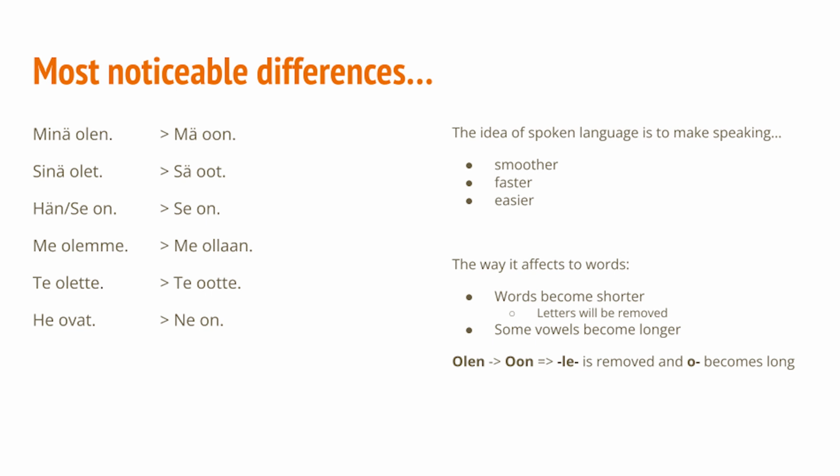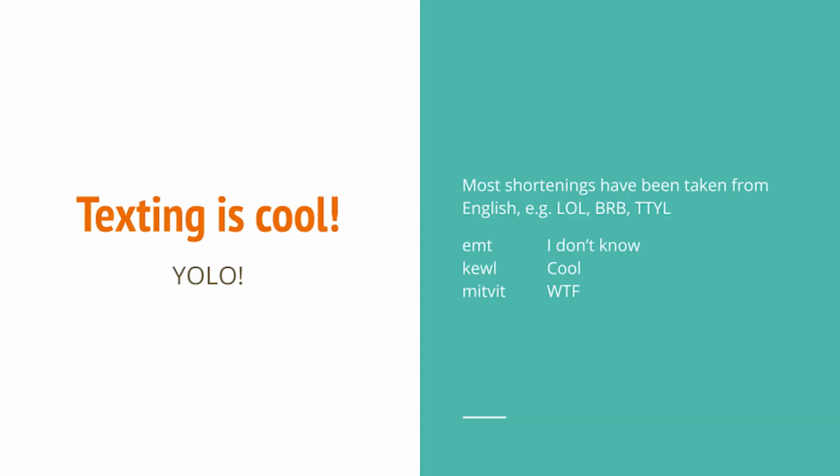We don't have silent letters in our language, which is the reason why the spoken language has become a thing, because that just makes it easier to speak, because you don't need to pronounce all the letters in the word.